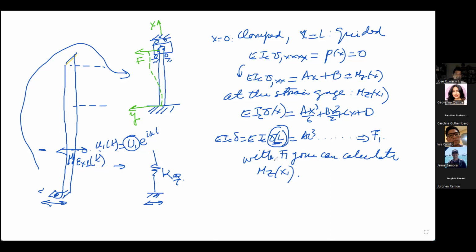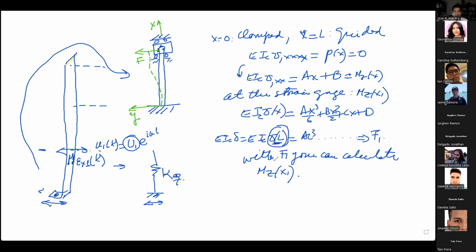We need a strain, because in the experiment, see, all of this is theoretical. All of this is theory. In your homework number 1, you calculated U1. So U1, which is V of L, you know it.